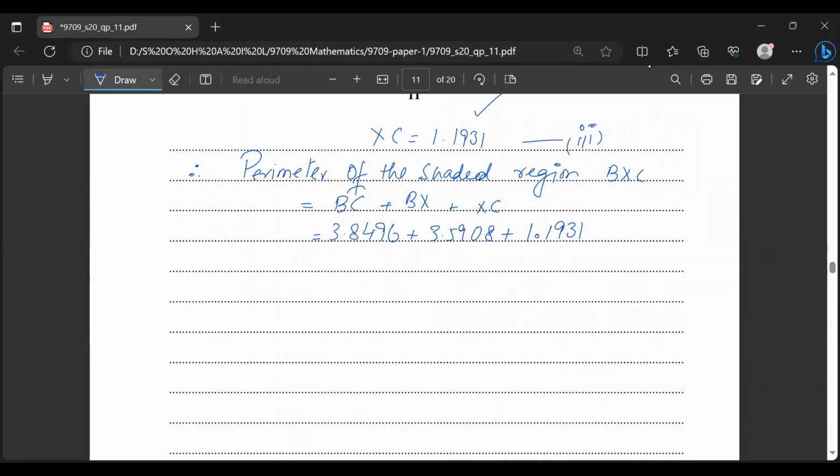Adding these, it equals 8.6308, so 8.63. This is the answer in centimeters, correct to 3 significant figures, for the perimeter of the shaded region.